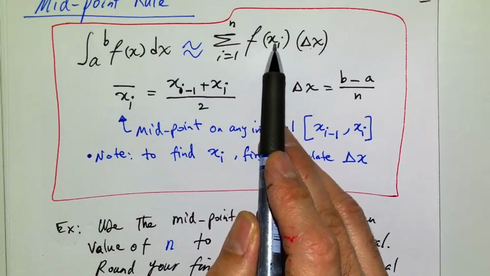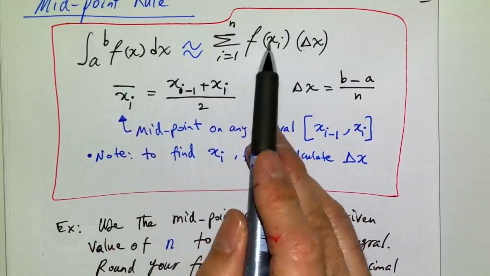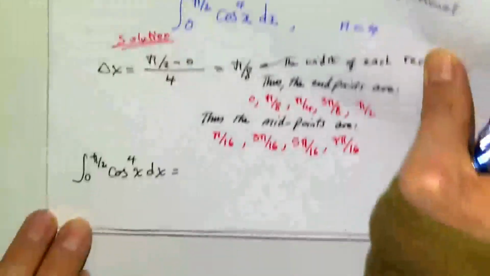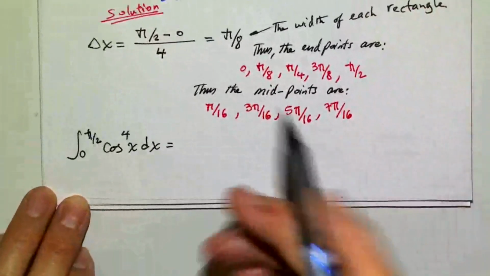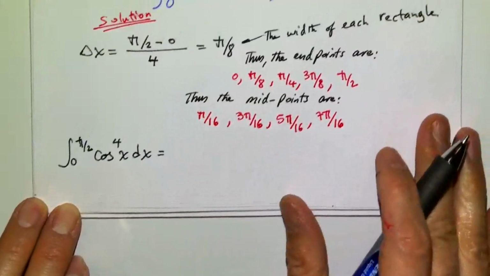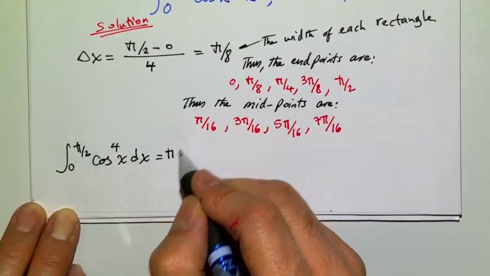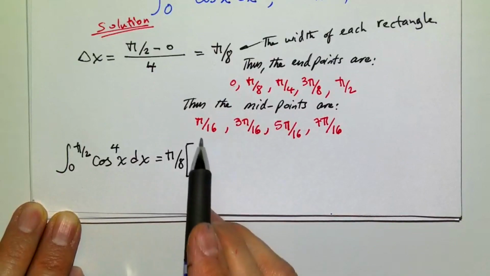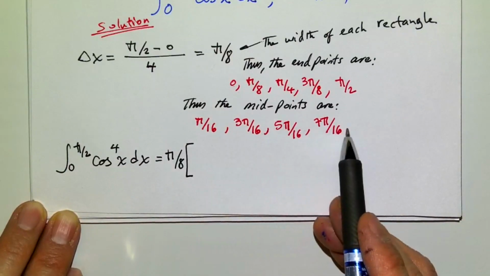That's just the midpoint rule applied to this. Delta x in our case is pi over 8, times the function evaluated at each of these midpoints.